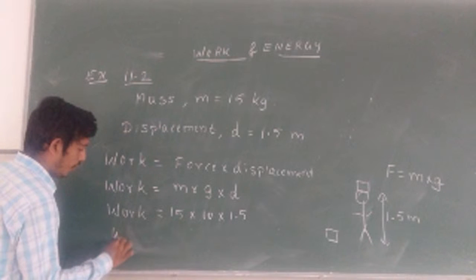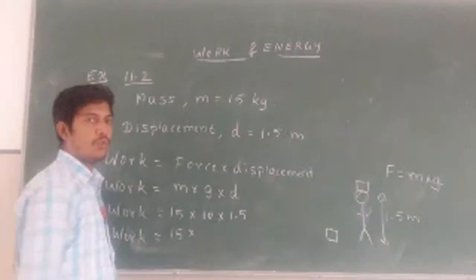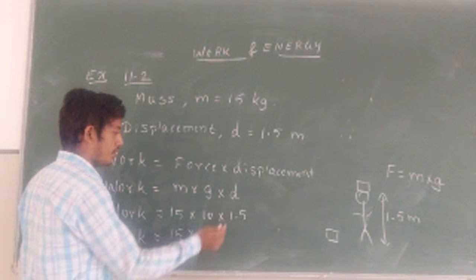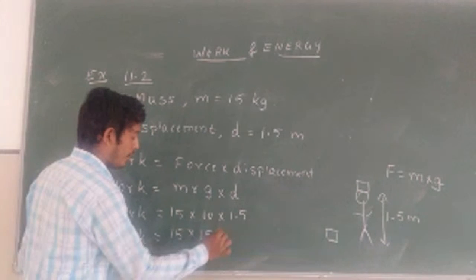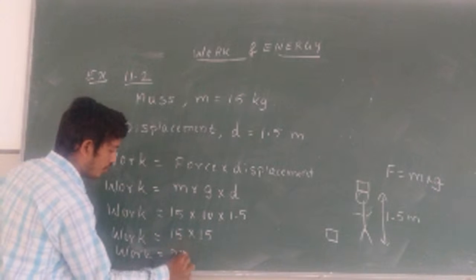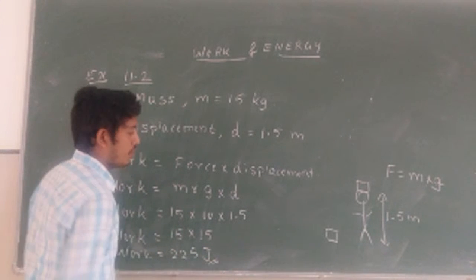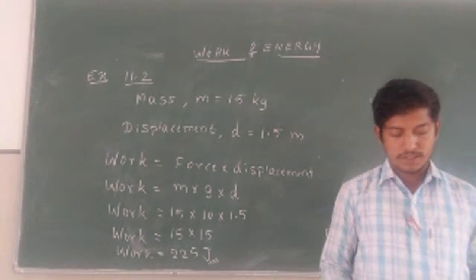Work equals 15 kg, 10 into 1.5. The decimal goes to the next place, so it becomes 225 joule. This is the answer for that problem. 225 joule is the answer.